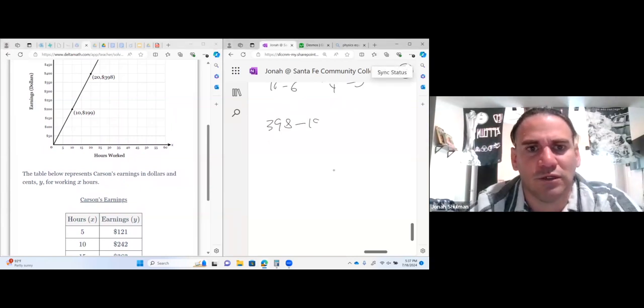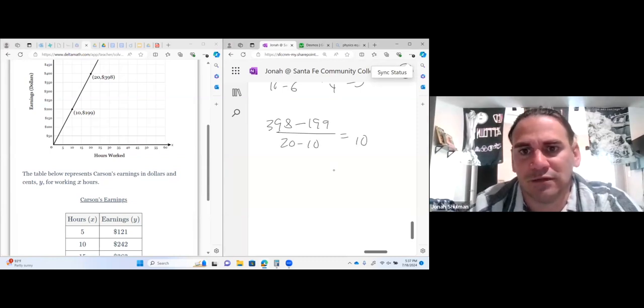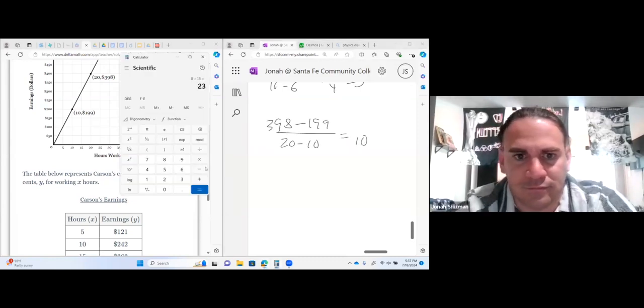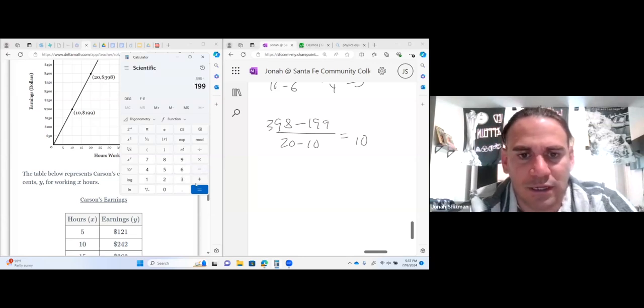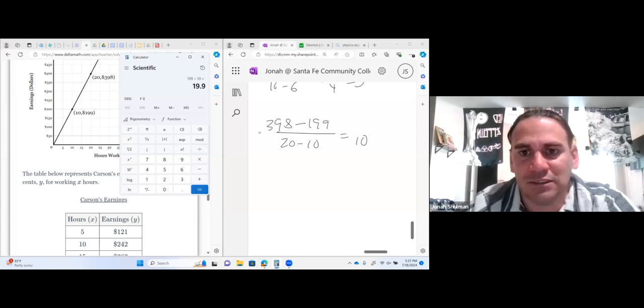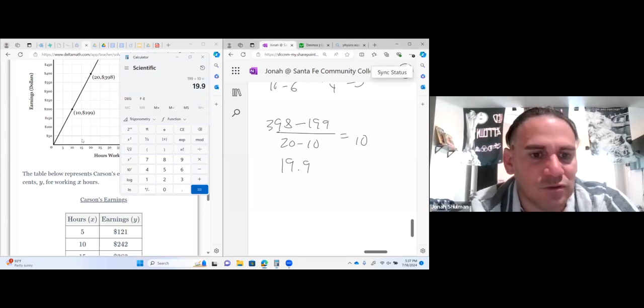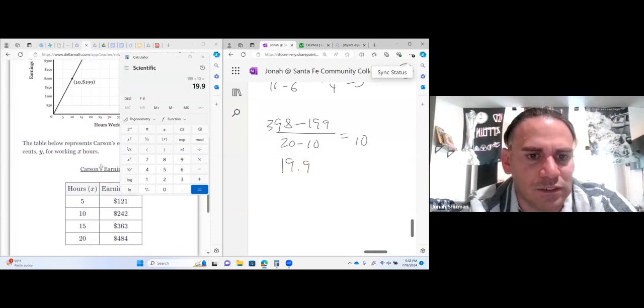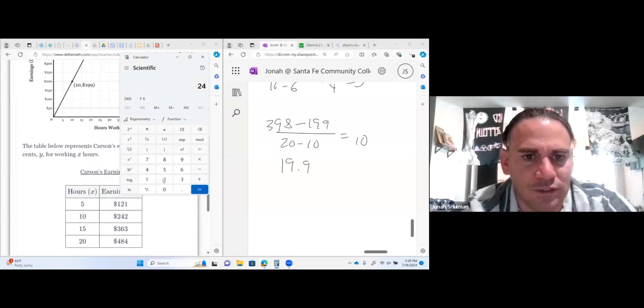398 minus 199 over 20 minus 10, over 10. 398 minus 199. Then we move it over one place. She's making $19.90. And then we got to do our boy, Carson, 242 minus 121 divided by 5.